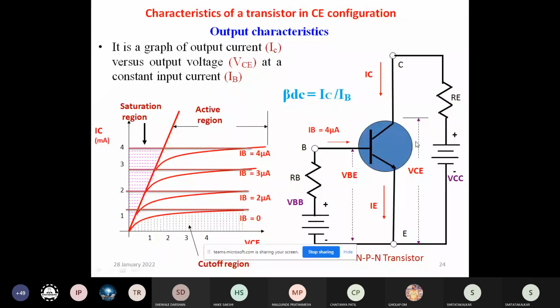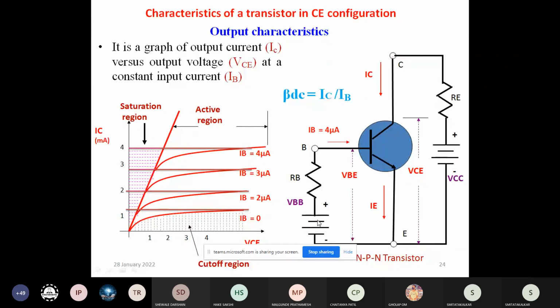The collector current flows through the collector terminal, the base current through the base terminal, and the emitter current through the emitter terminal.